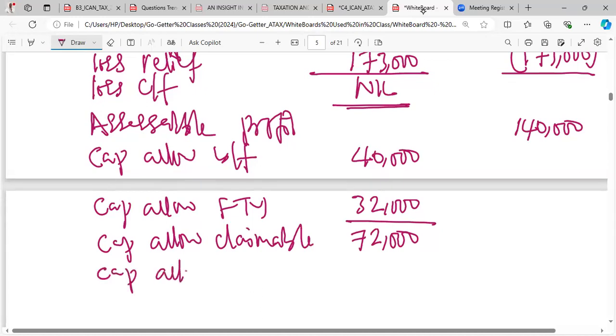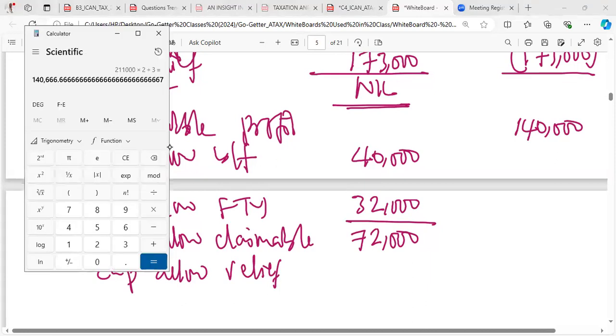The highest we can relieve is 2/3 of 140, so 140 times 2 divided by 3 is 93, which is higher than 72.